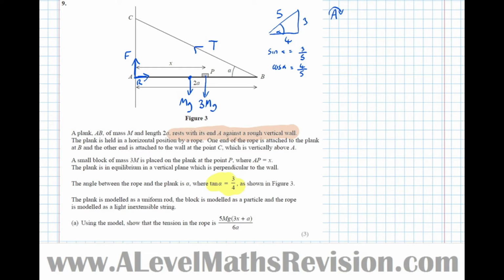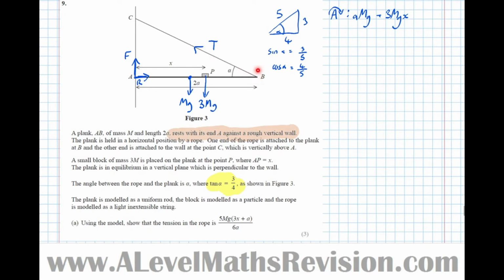So we've got this mg here, which is distance a from the pivot, because the whole thing here is 2a, so half of that is a. So a times mg plus 3mg times x, and then the anti-clockwise moment, take, and now that would be the vertical component of the tension.